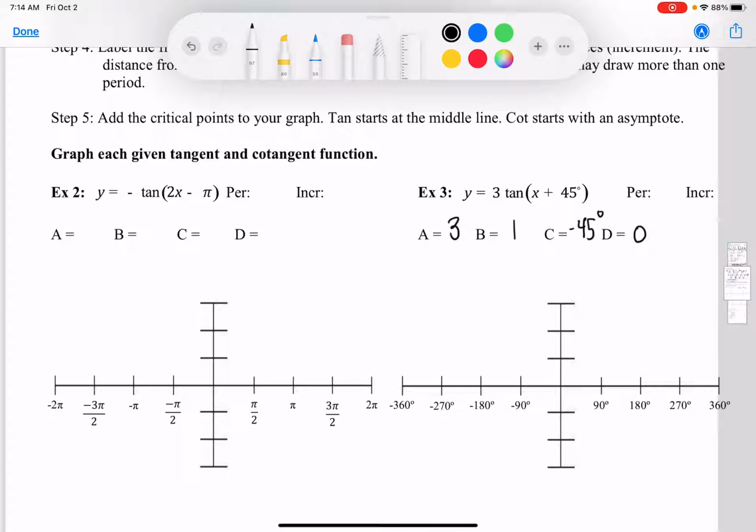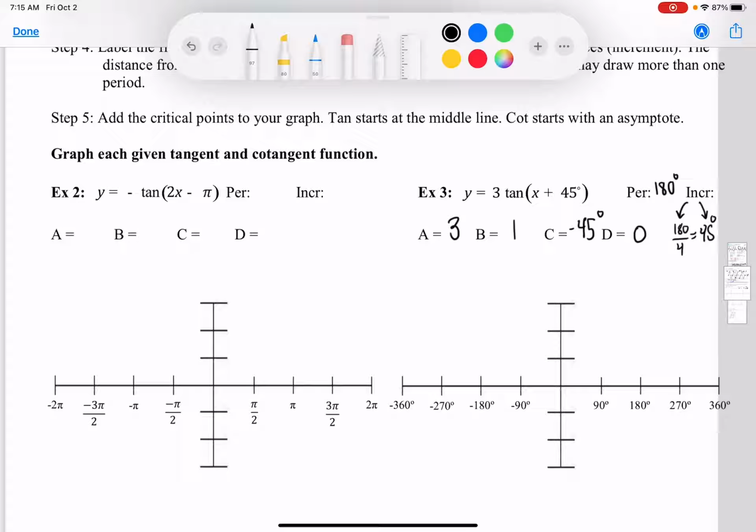For the period, we have 180 degrees. I see my increments are in degrees, so I'm in degree mode here. 180 divided by B, so divided by 1 is just 180. And then for my increments, 180 divided by 4 is again 45 degrees.